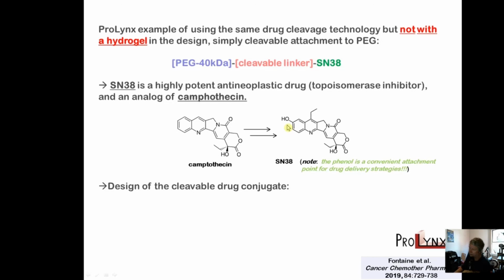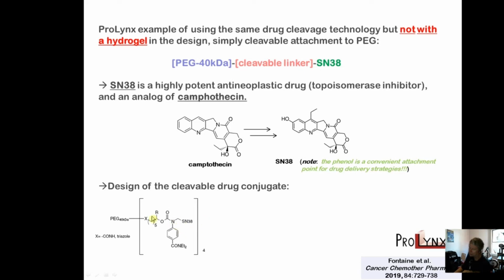All right, so the design of the cleavable drug conjugate, and I was a little unsure about this a second ago, but yeah, they're using PEG, 40 kilodaltons, and this is a branched PEG, so there's 4 of them. So what they do is they have the branched PEG with 4 of these things on it, and it's pretty simple. It's just a modulator, so one of those modulator groups, and then they have a carbamate linkage to SM38.